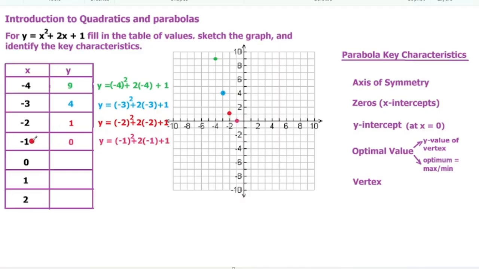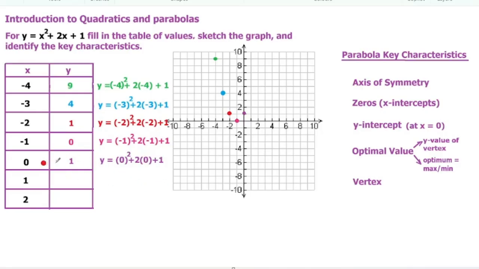Now, when x is -1, we put -1 into our equation to give us our y value, y equals 0. So that's our point here, -1 and 0 for y, our pink dot. Now, when x is 0, we just put it into our equation to give us our y value of 1.